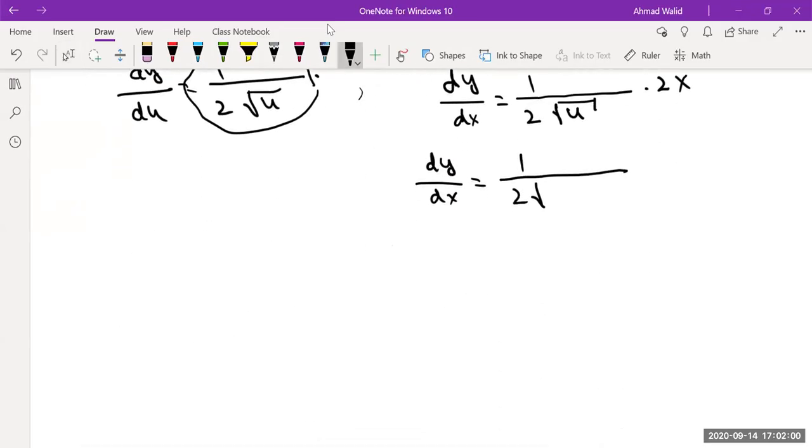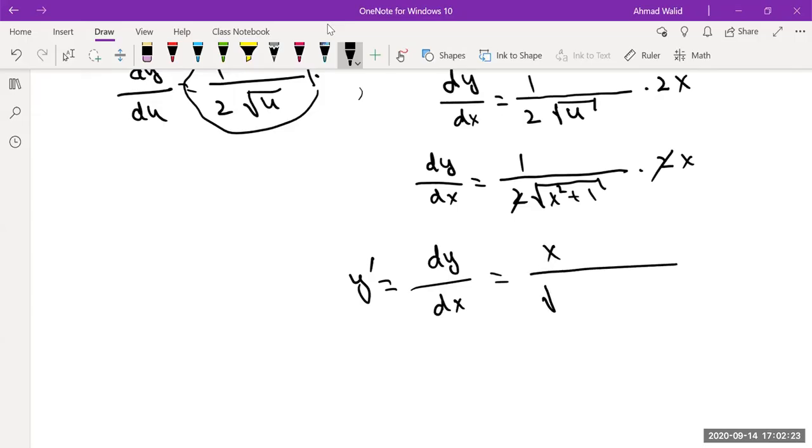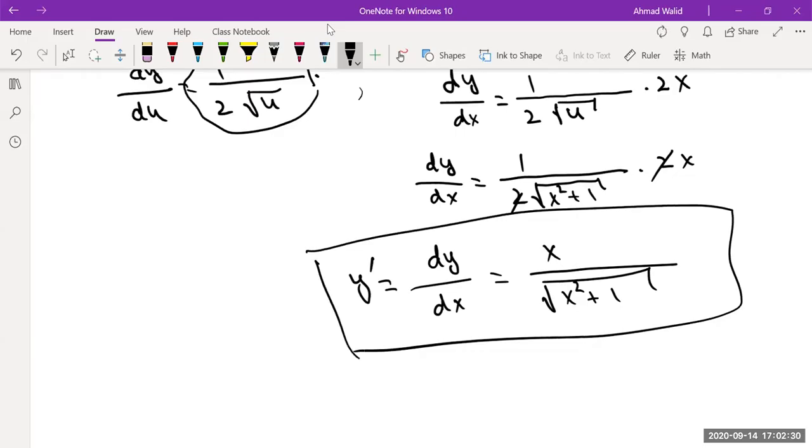I will write 2 square root of x squared plus 1 times 2x. Now, if you can simplify, simplify. You see, I can cancel 2 with 2. Then dy dx, which is my y prime, right, equals x over the square root of x squared plus 1. You are done. You use the chain rule to find the derivative of that function.